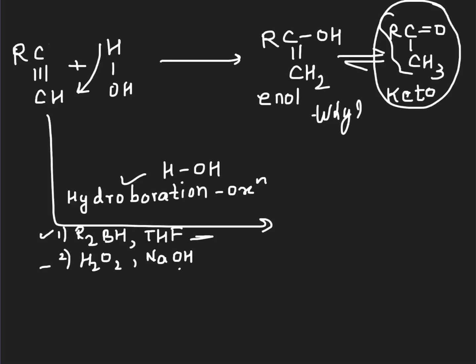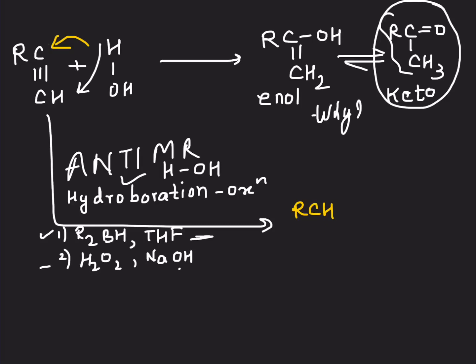So what will happen now, since this is anti-Markovnikov, positive part will go to the carbon bearing lesser number of hydrogen atoms. So here my positive part will go here.